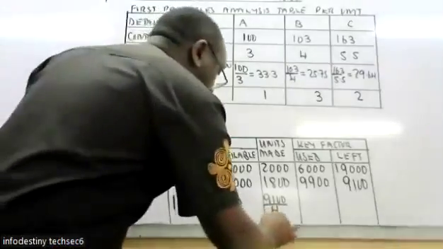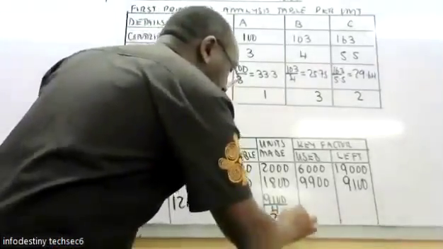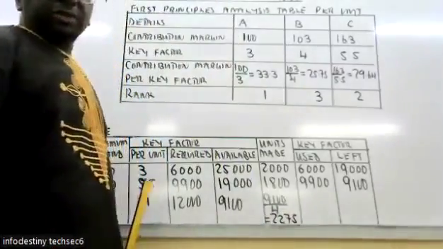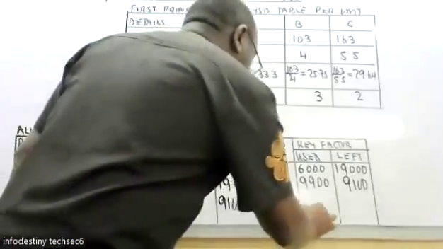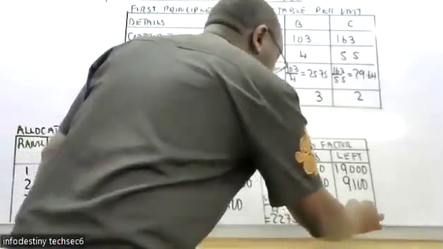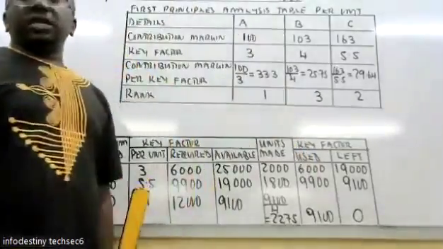That gives us 2275. So we have used the 9,100 and we are left with what? 0.